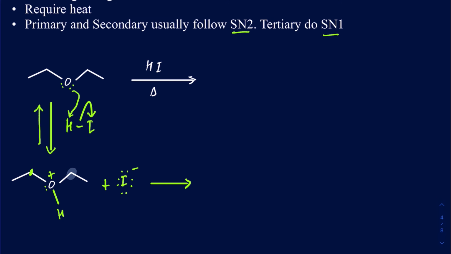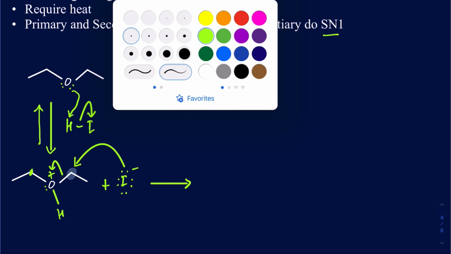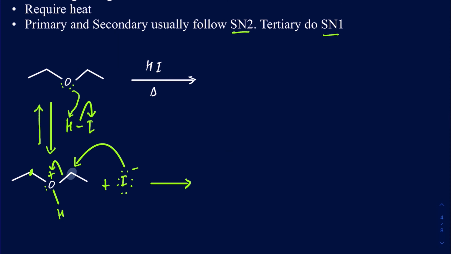So as a result, this is going to follow an SN2 fashion where this iodide nucleophile attacks this particular carbon. It doesn't really matter whether it attacks the left carbon or the right carbon because it's a symmetrical ether. When it attacks here, this leaving group leaves like this, and I'm going to change the colors to keep color coordination.